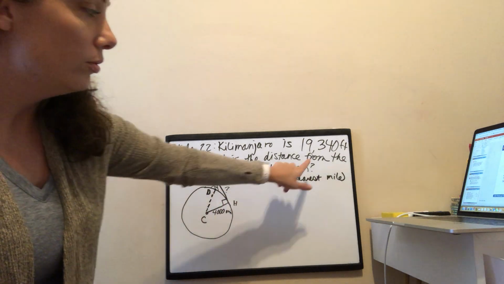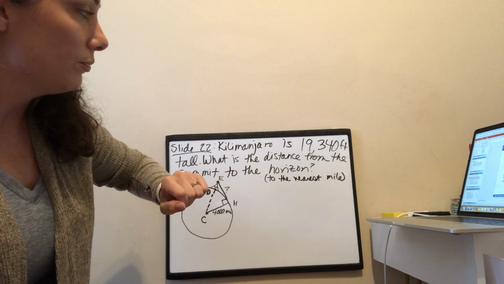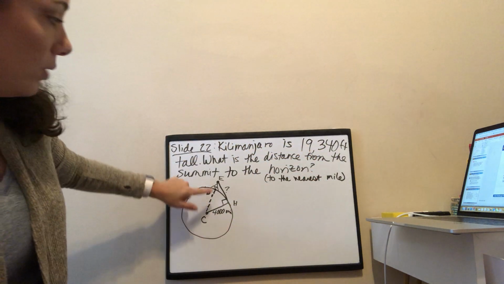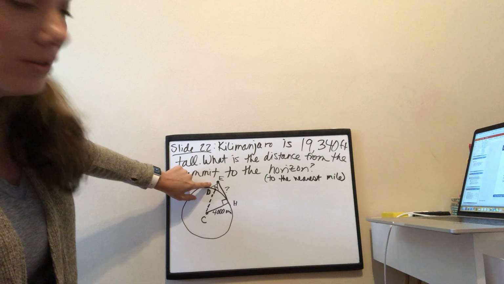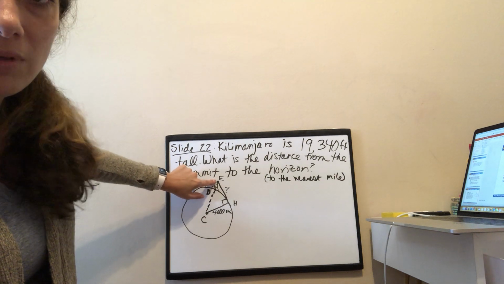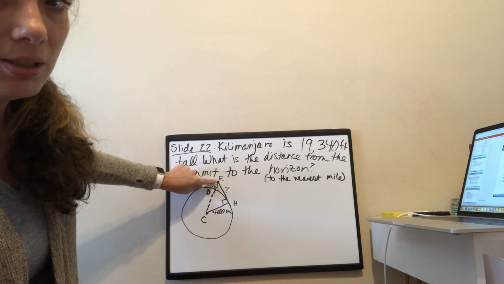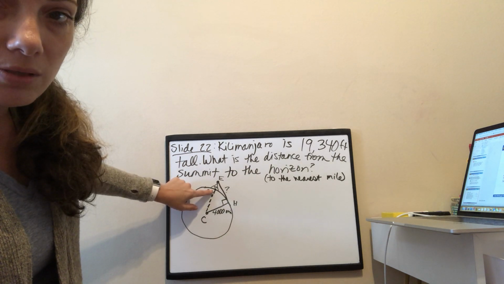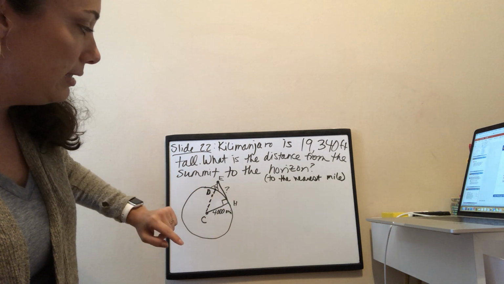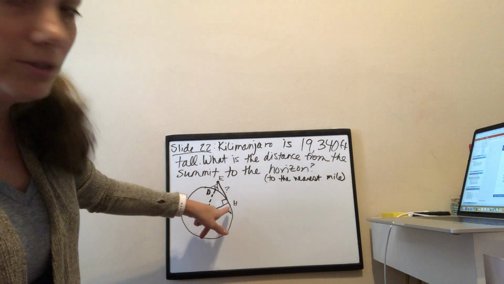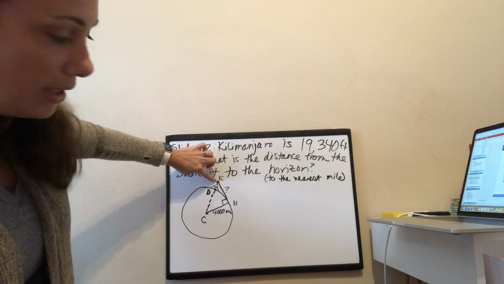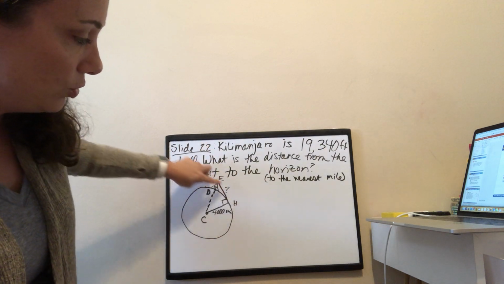That's given to you in the problem. And they tell you that Kilimanjaro is 19,340 feet tall. So I've drawn my little mountain right here. And the top of the mountain, the peak, I've labeled as E, just like the PowerPoint did. And then the base of the mountain at the surface of the Earth is labeled with a D. The point of tangency, so imagine you're standing on the top of the mountain at E, and you're looking off to the horizon.